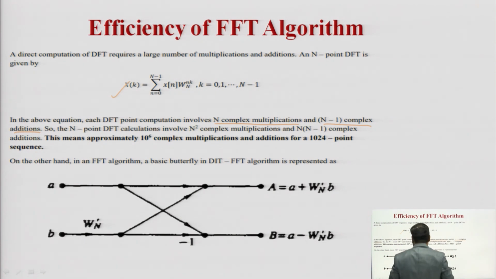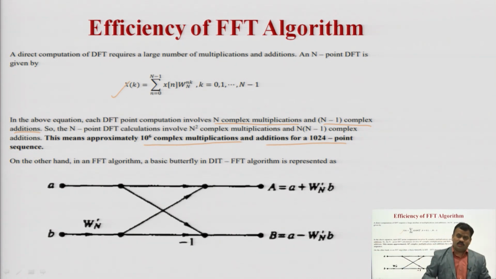But in case of FFT it will be reduced, to approximately 10 to the power 6 complex multiplications and additions for a 1024 point sequence. So, both your complex multiplications and your complex additions are reduced.